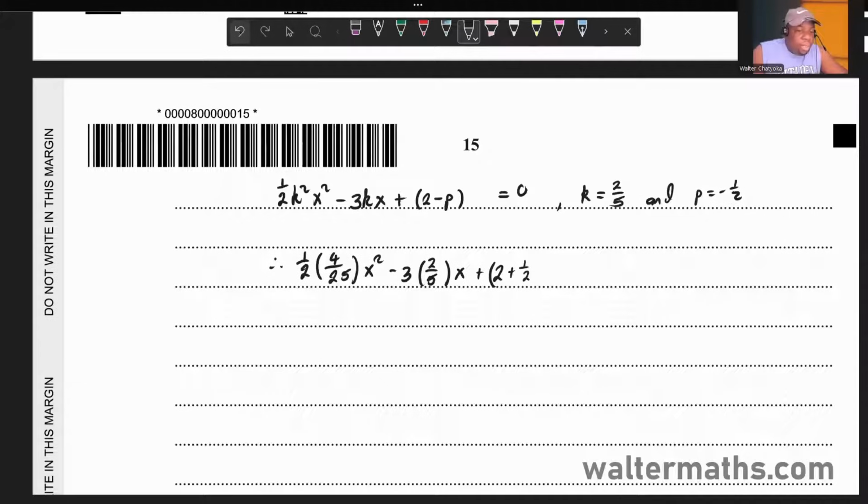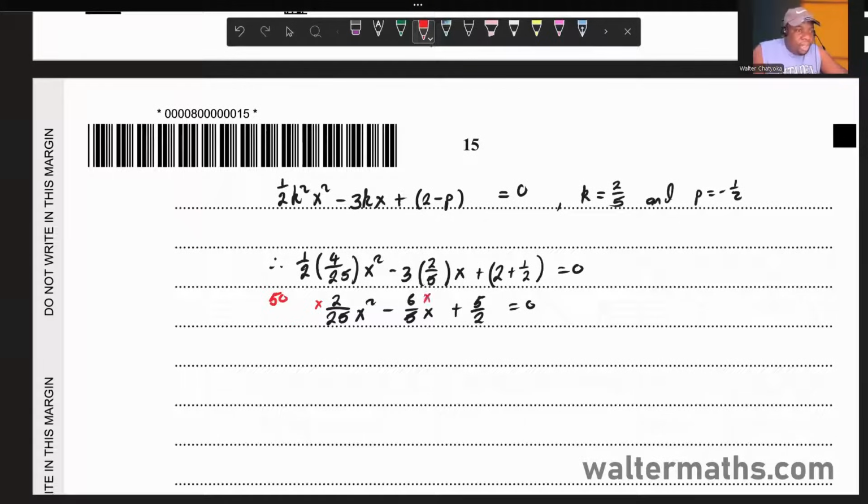All right. So this is what we have, and it's equal to 0. So simplifying this, we will get 2/25 of x squared minus 6/5 of x plus 5/2 equal to 0. Let's multiply all the terms by 50.